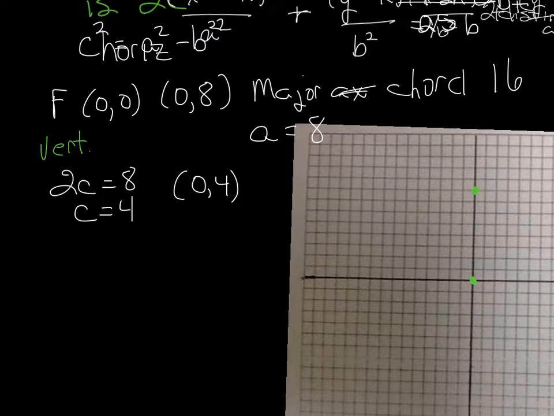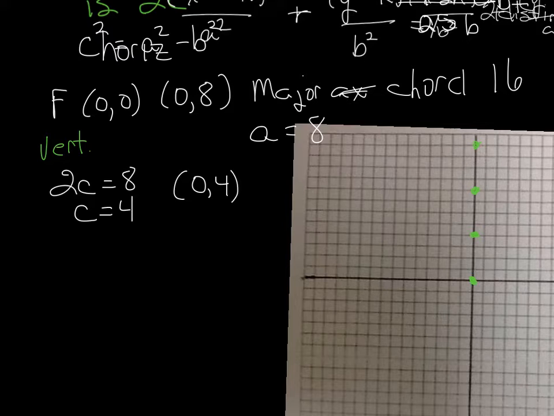Can't you just eyeball it? You could here, if you have graph paper, because you can easily see the distance. This one's easy since the distance between the foci is 8, so half of that is 4. Now, if A is 8, my vertices are going to be 4 on the other side of this. 2, 3, 4.